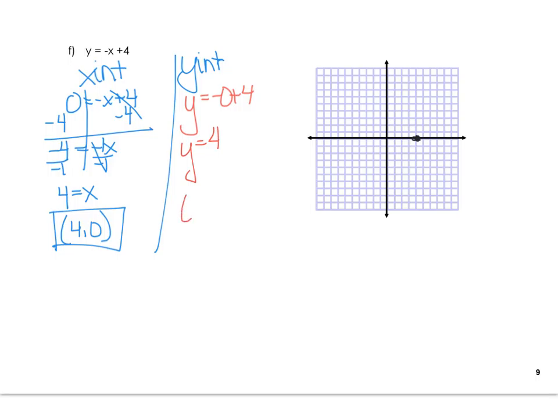So our ordered pair for the y-intercept is 0, 4. So our graph will look something like this. Again, yours will look nicer because you have a ruler, and I don't.